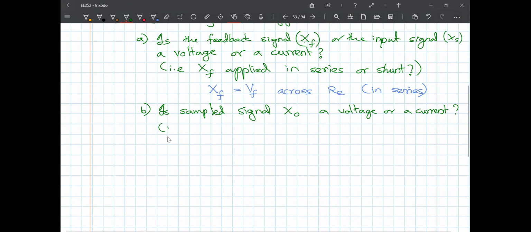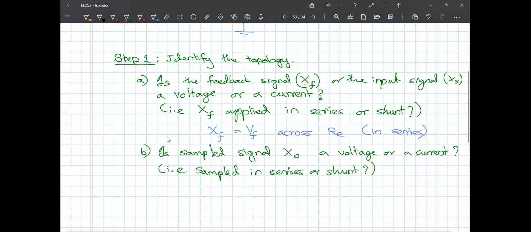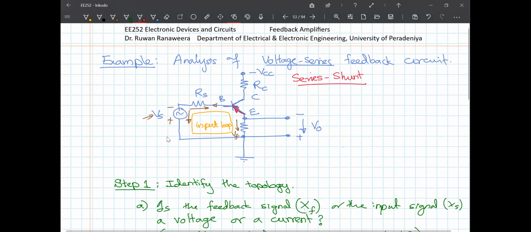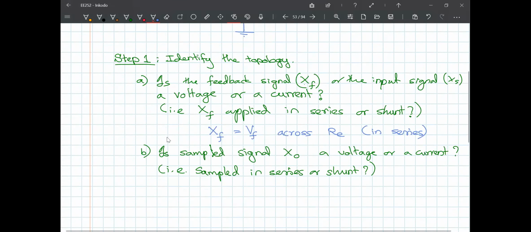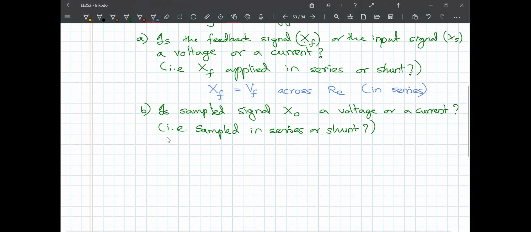In other words, is the signal sampled in series or shunt? So what is the output? It's clearly given. This is my output also, again across the emitter resistor Re. So it is also the same thing in this case.